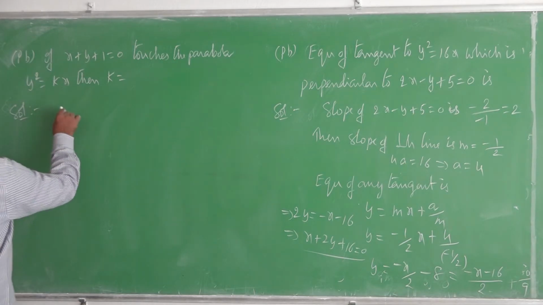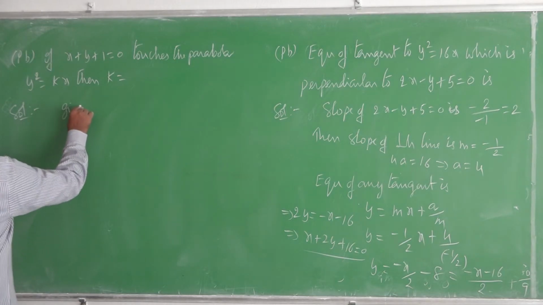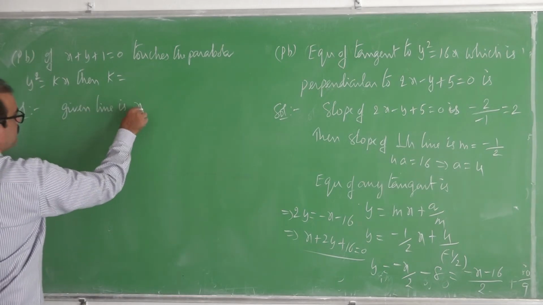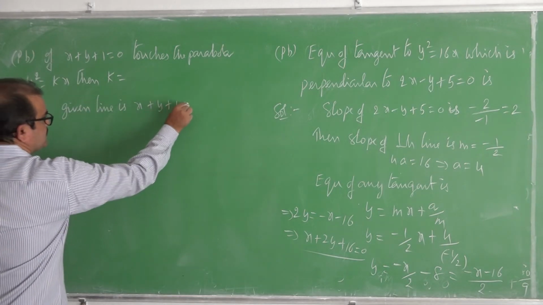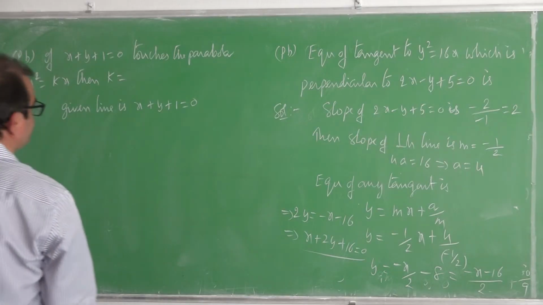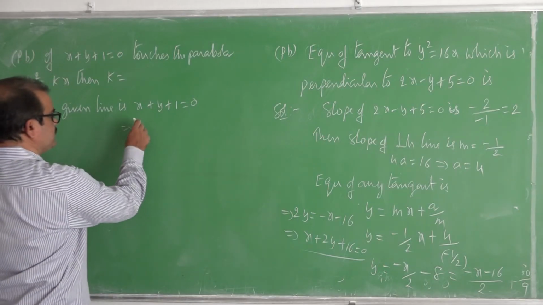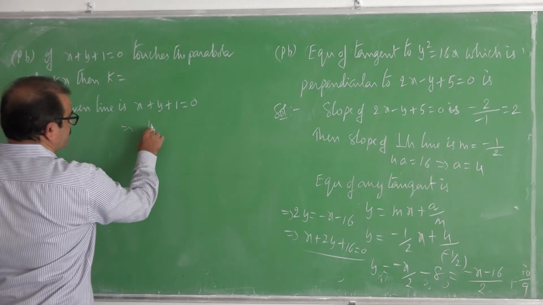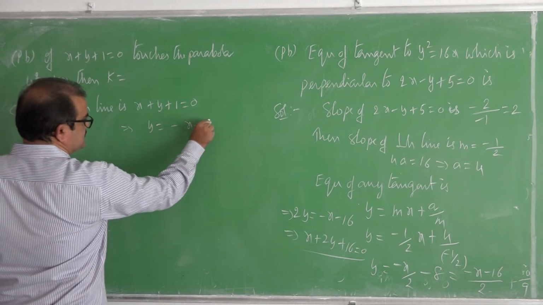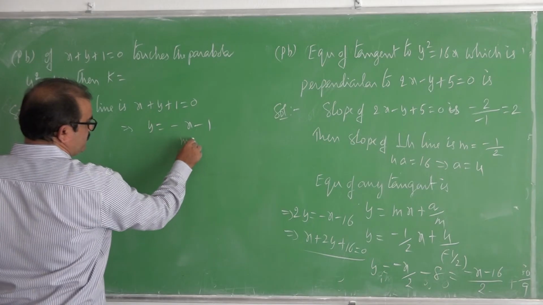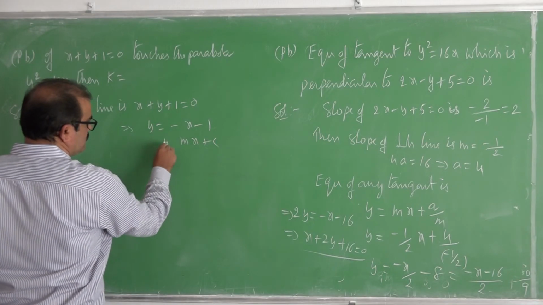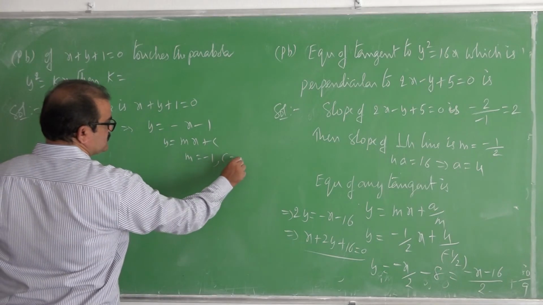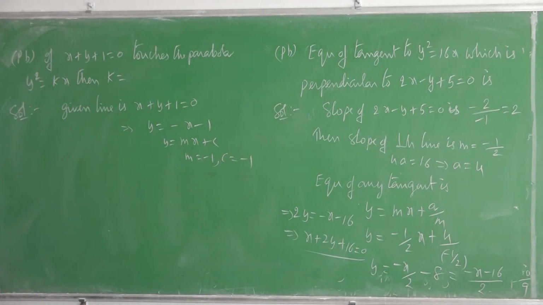What is the given line? Given line is x plus y plus 1 is equal to 0. Convert this into y is equal to mx plus c form. We get y is equal to minus x minus 1. This is in the form of y is equal to mx plus c, where m is equal to minus 1, c is equal to minus 1.